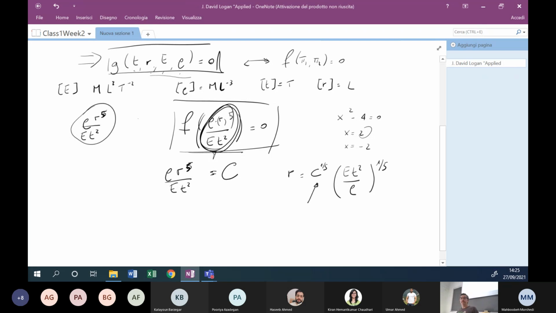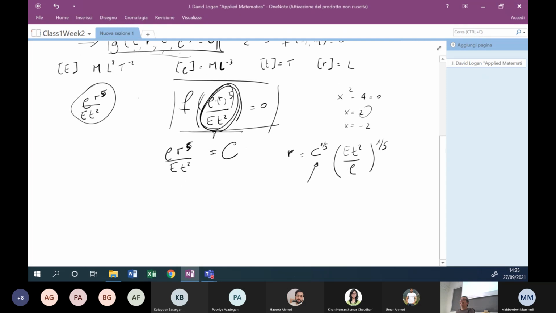This is some number. Taylor supposed that this was equal to 1, just for simplicity; he was not really interested in this thing. Imagine that I'm observing the picture at t equal 1 second, and the shock wave has some radius, let's say 10 meters.